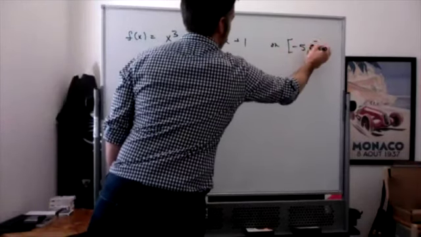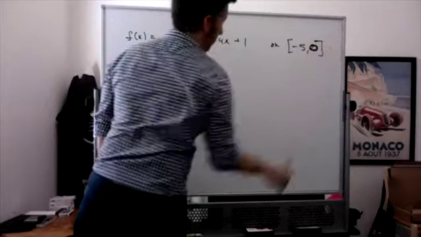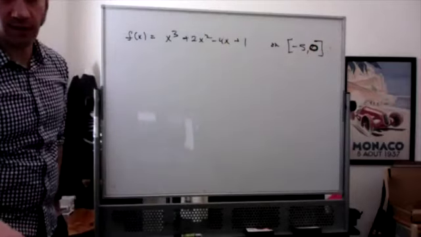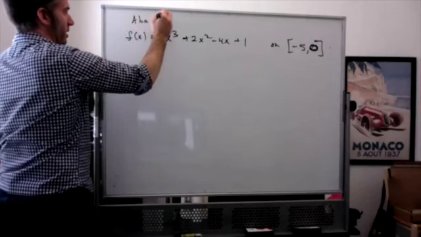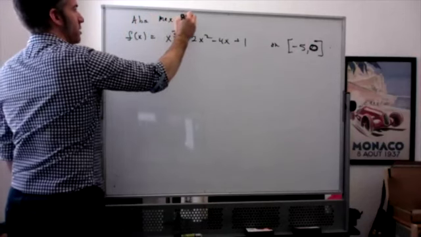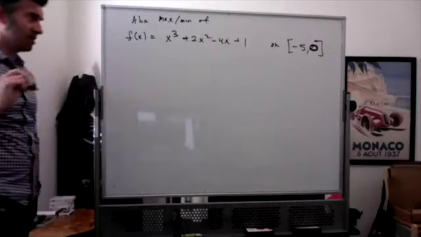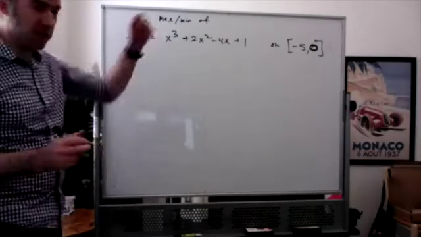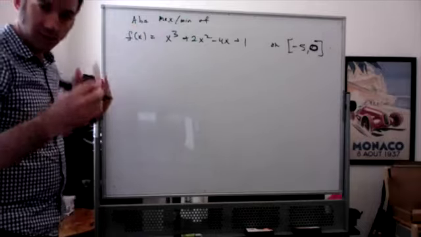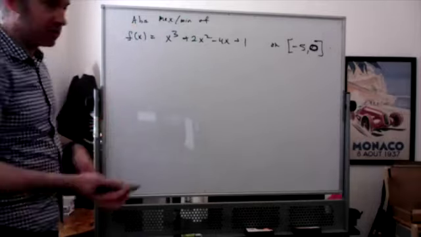That's a 0. Okay. So again, we want to find the absolute max and min of f of x equal to x cubed plus 2x squared minus 4x plus 1 on the interval from -5 to 0. Same process. We're going to find the critical values.